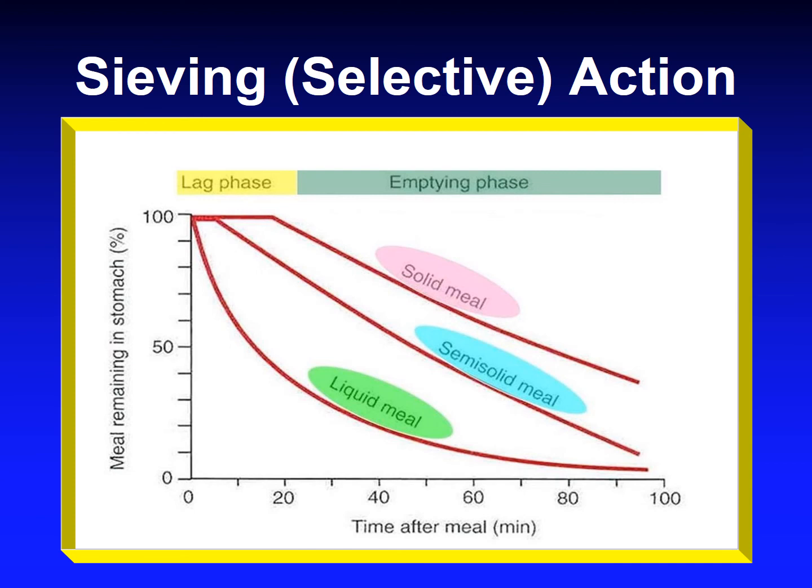What I just talked about is illustrated in this graph. On the x-axis, on the bottom of the screen, you will see the time after a meal in minutes, and on the y-axis, to the left-hand side of the graph, you will see the meal remaining in the stomach.